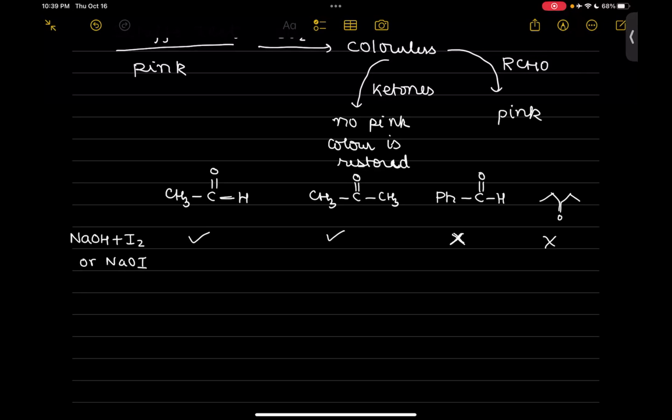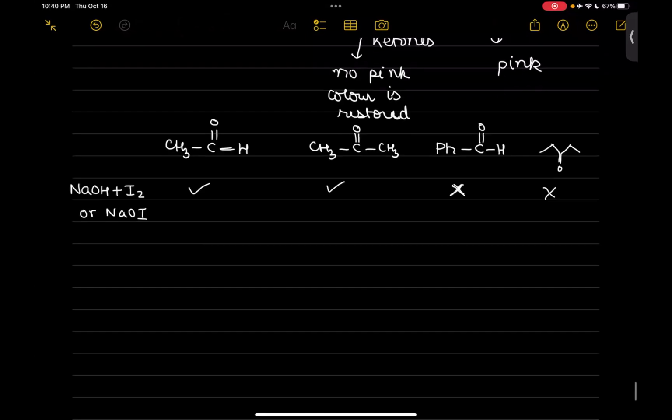Yellow precipitate of CHI3. Absolutely correct. Acetone also will give. Benzaldehyde will not give because it doesn't carry any CH3. Similarly, 3-pentanone is also not going to give.